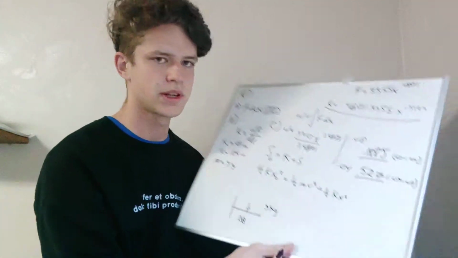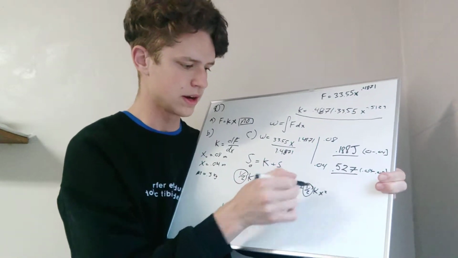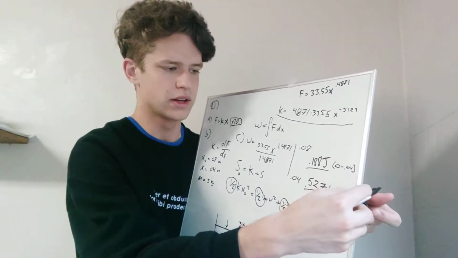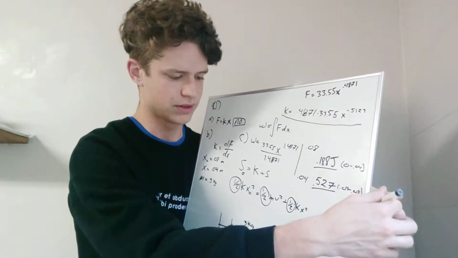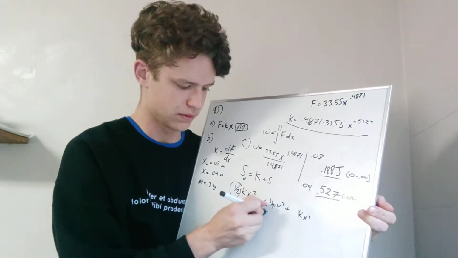One more thing before I plug everything in: each of these terms has a 1/2 out in front of it, so you can take this entire equation and multiply it by 2 to get rid of all the 1/2, which makes plugging things into your calculator a lot easier.